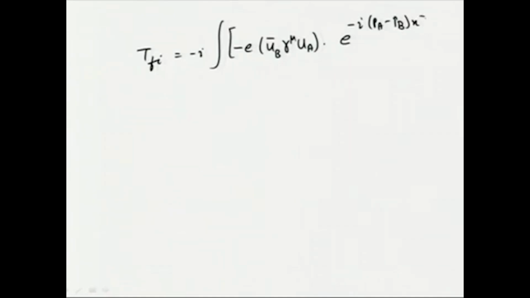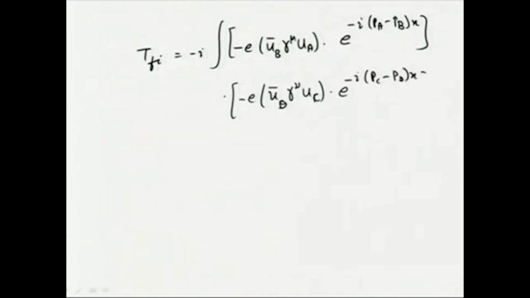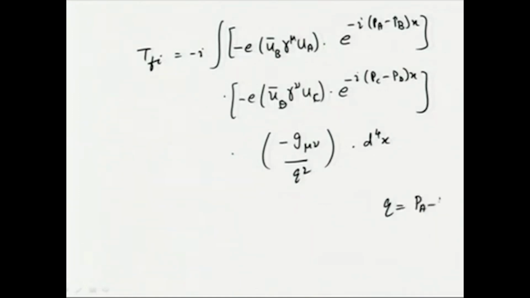This is j1, and j2 is minus e u d bar gamma nu u c e power minus i (p c minus p d) x, and you have the propagator g mu nu over q square, where q square is now the momentum transfer, q equal to p a minus p b, which is also equal to p c minus p d.